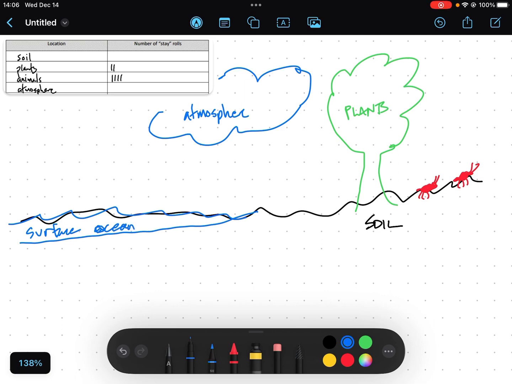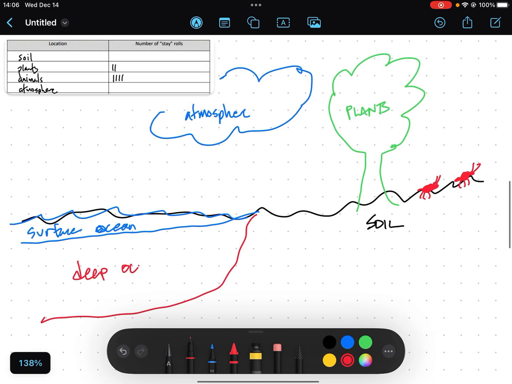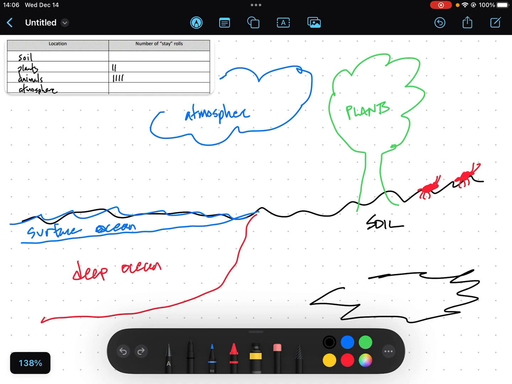It could be in the deep ocean. And it could be stored in the form of fossil fuels. Oops. Fossil fuels deep below the Earth's crust. All right.